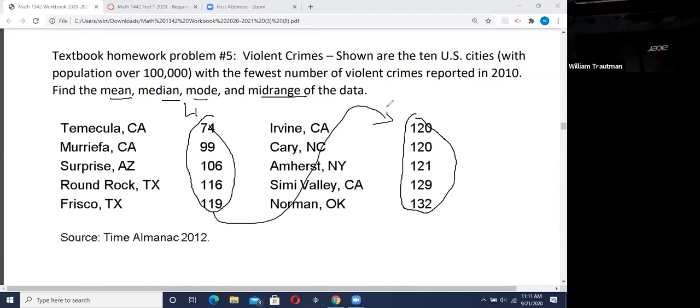Stat, edit, list one, and start putting them in. 74, 99, 106, 116, 119, 120, 120, 121. So there should be 10 pieces of data you entered in. I put all of that into list one.